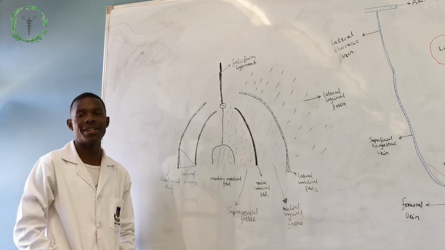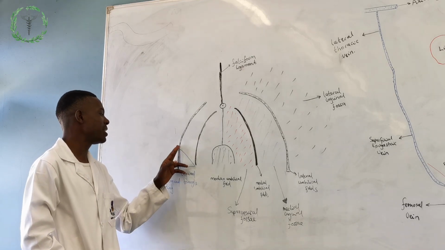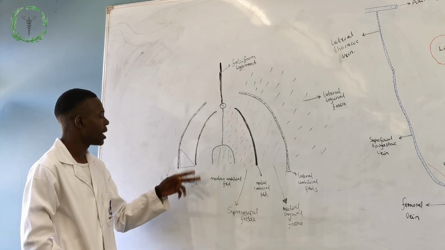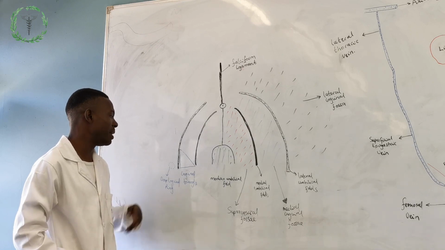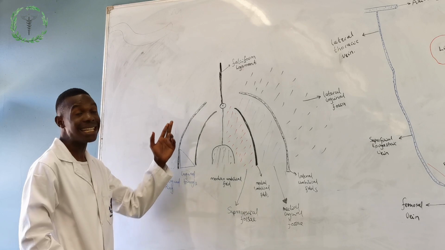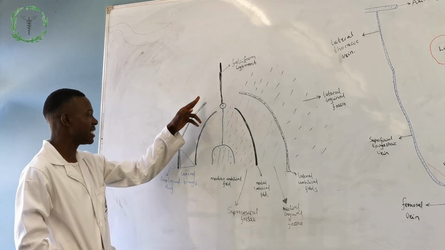So what are the boundaries of the inguinal triangle? The medial border is made by the lateral edge of the rectus abdominis as it curves.